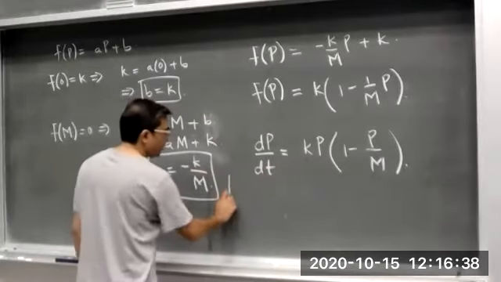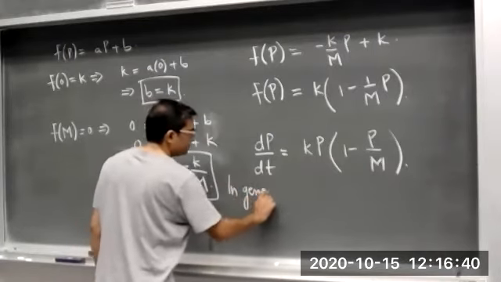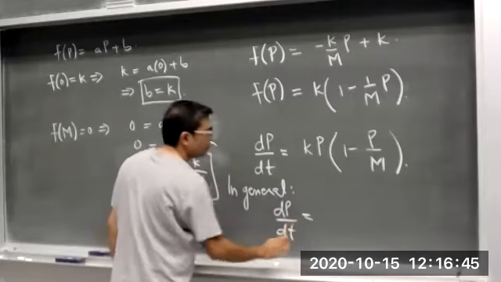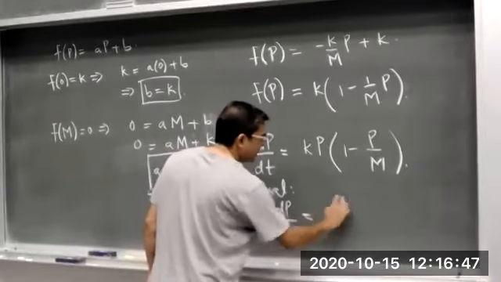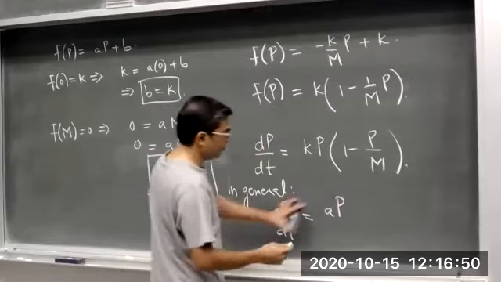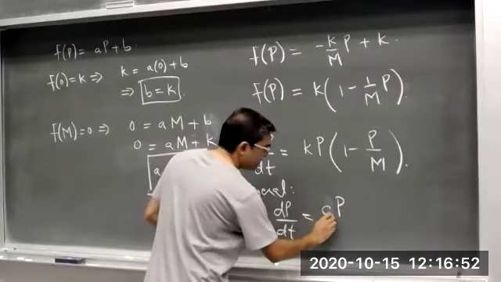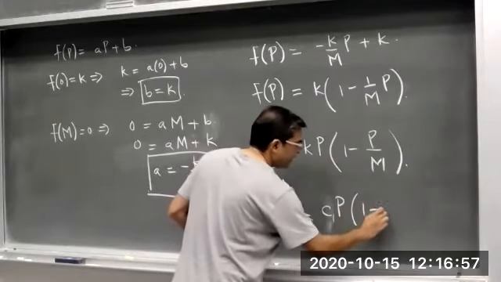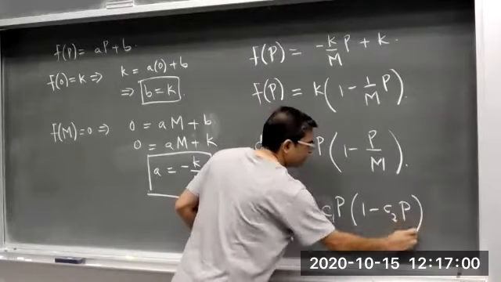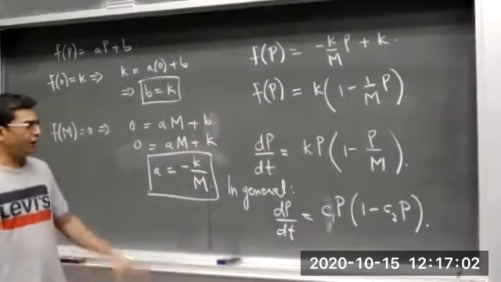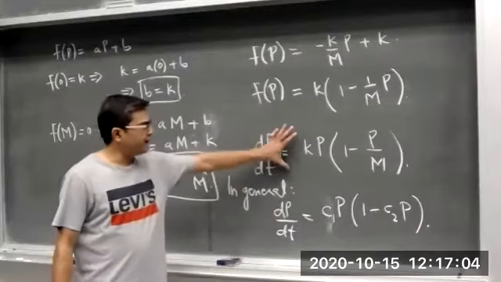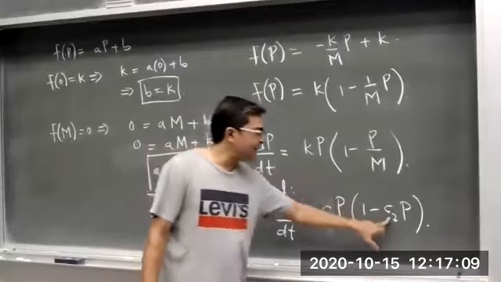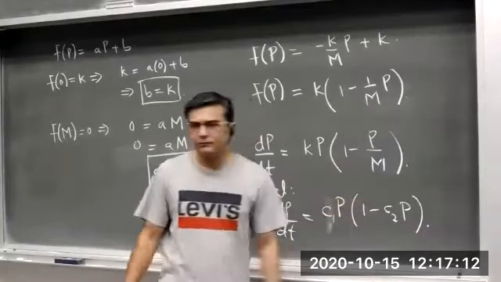Or in general, we can write it dp by dt is equal to some constant, you don't write a, you can write something else, maybe c1 times p times 1 minus c2 times p. Okay? So in general, we can write this equation now in this form, where c1 is a constant, which is k, and c2 is a constant, which is 1 over m.